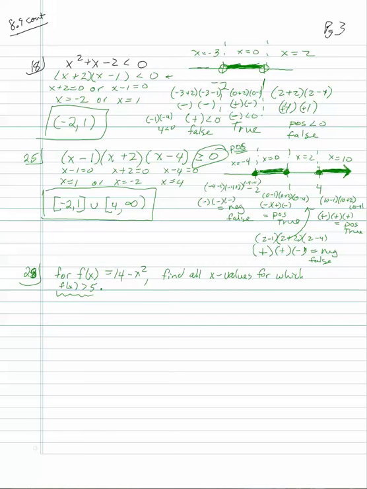So if we start with this inequality, and we're going to replace f of x with 14 minus x squared, and then we're going to get it equal to 0. Okay, and then we can factor that. That's the difference of squares, 3 plus x, 3 minus x.